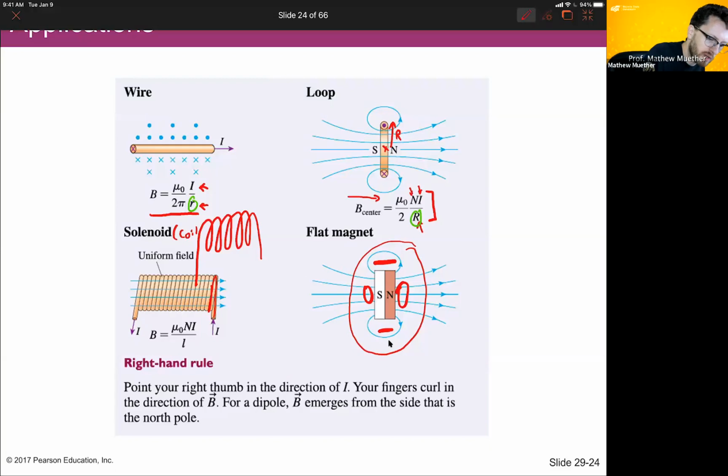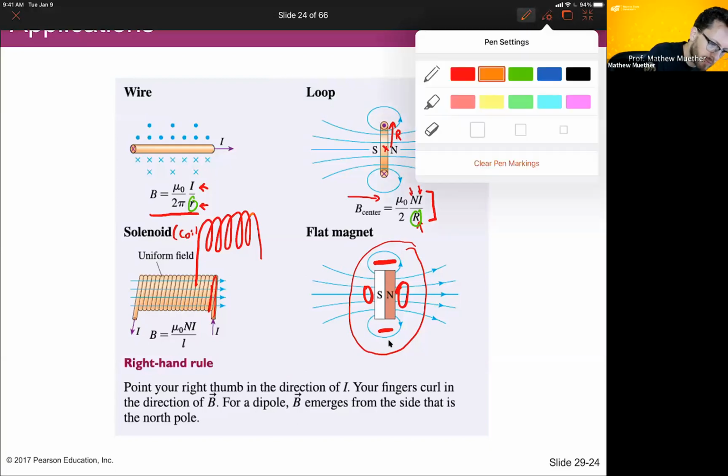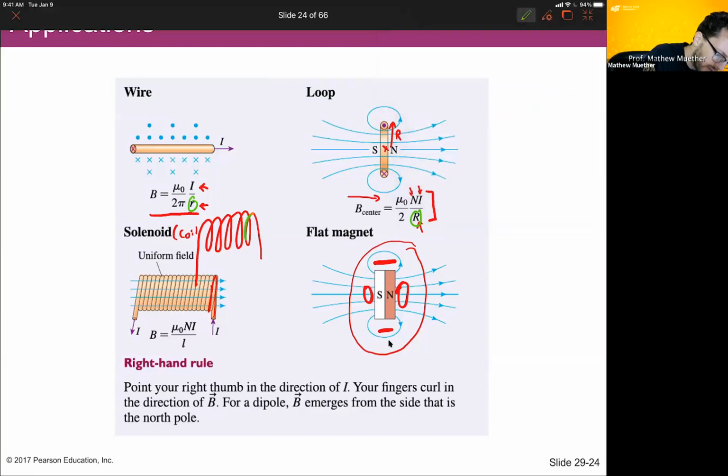And what you can think about is that each of these little coils, as I go from here up to here, essentially looks like a single current carrying loop. So it's like I have one loop, and then two loops, and then three loops, and then four loops, and then five loops here.